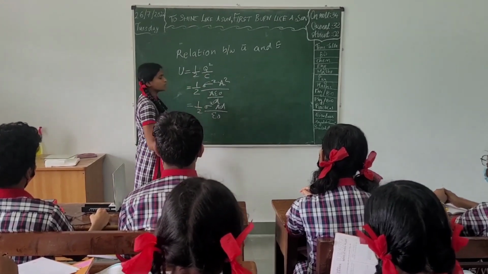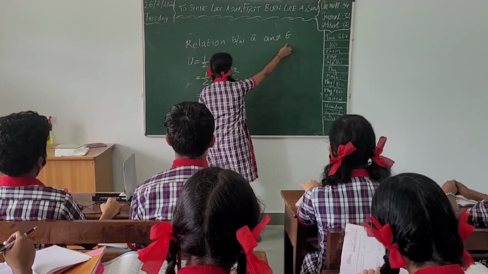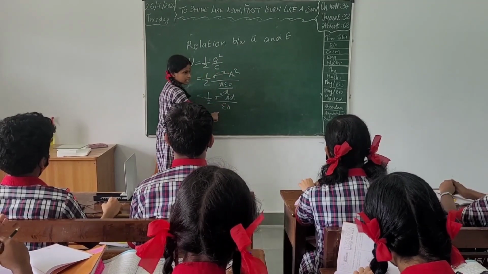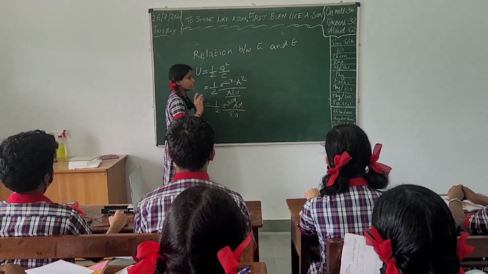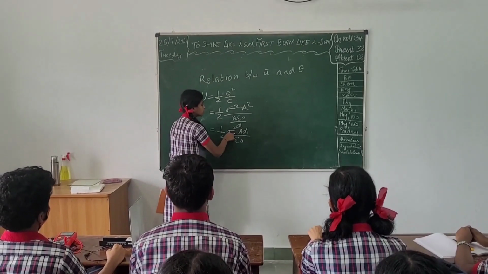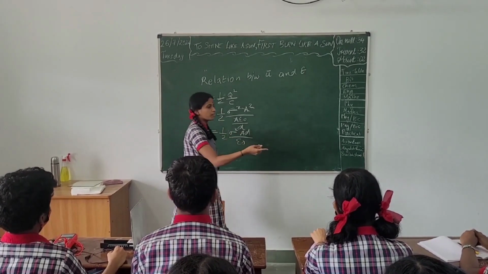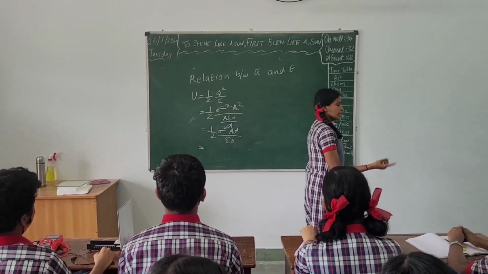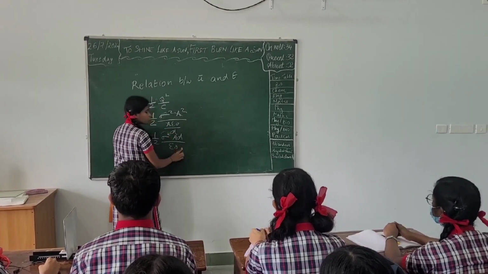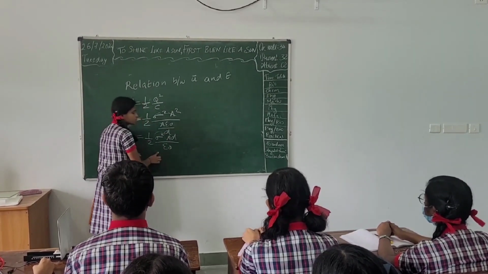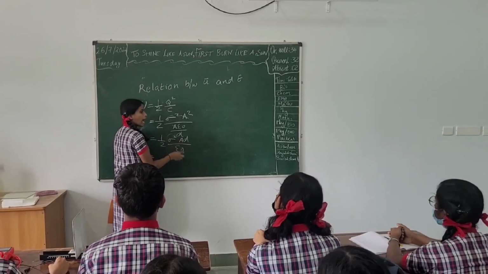Now we are asked to find the relation with electric field, but we don't have a term related to electric field. So what is the formula for electric field? Sigma by epsilon 0. So we are having sigma square, so we multiply epsilon 0 in both numerator and denominator.